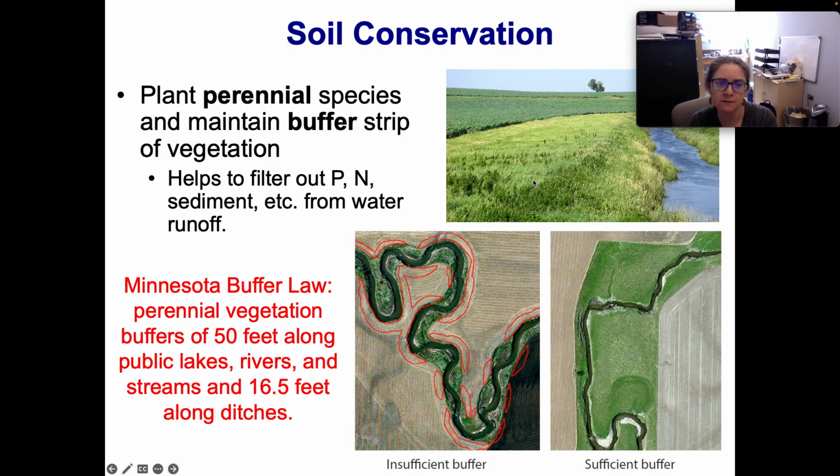This also helps to filter nutrients out of any runoff coming off the agricultural field. So if we're using fertilizers with nitrogen and phosphorus, that can negatively impact our water quality, which we're going to talk about later. And this plant buffer will help take out those nutrients before the runoff gets to the stream. And so that helps keep our water quality better.